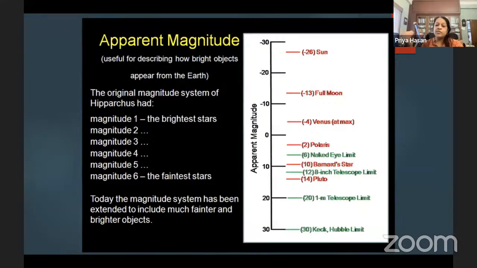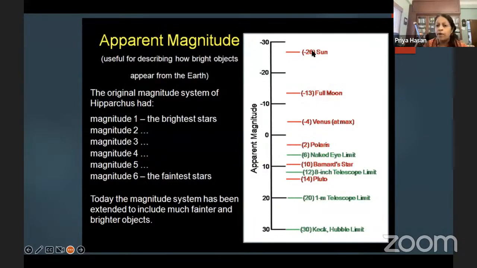So let us assume that we look at an object and we do not know the distance to that object. We see a certain brightness, which is what is apparent to us. But obviously the intrinsic brightness of that object may be very different. If the object is very close to us, it may appear brighter than what it actually is. And if it is further away, it could look fainter, but it could actually be a very bright object. And therefore, here on the scale, you can see I have marked the apparent magnitude of various objects.